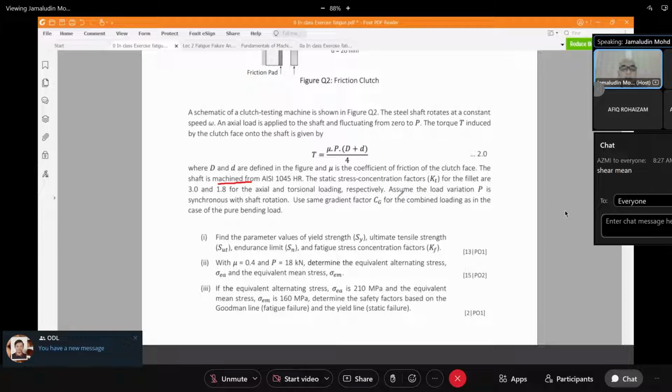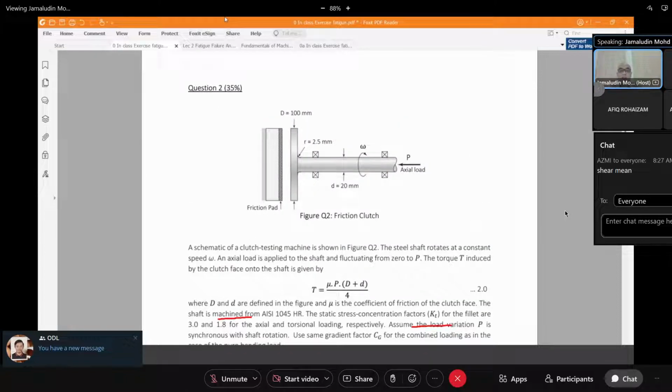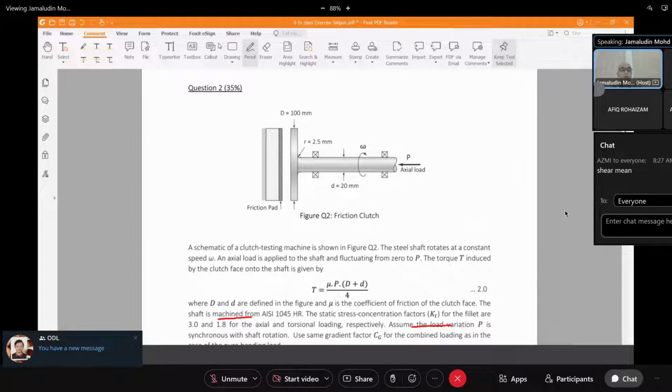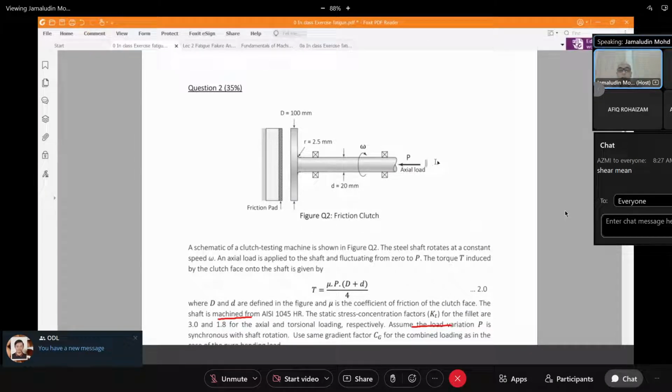Okay, the load variation is P synchronized to rotation. That means P will be from 0 to 18 kilonewton. You should mention somewhere, I think it's given, that the statement doesn't give you that value. The P should be here.